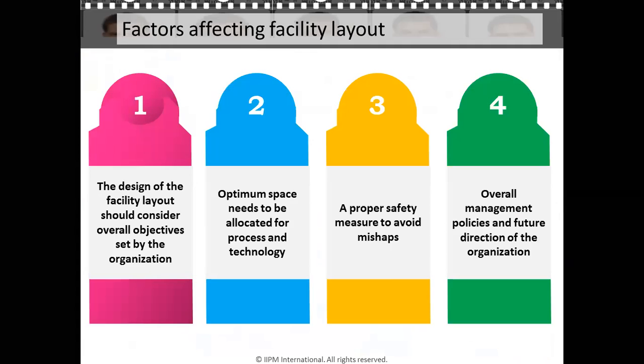Factors affecting facility layouts: the design of the facility layout should consider overall objectives set by the organization. Optimal space needs to be allocated for process and technology, proper safety measures to avoid mishaps, overall management policies, and future direction of the organization.